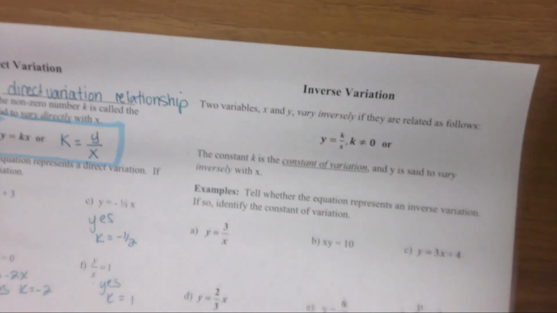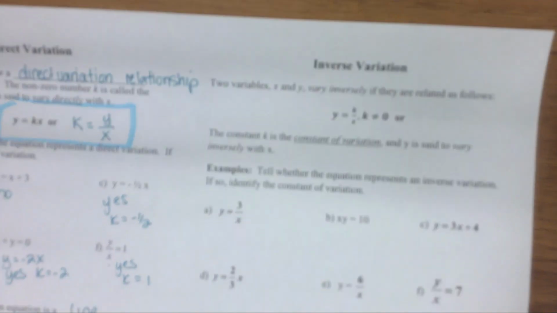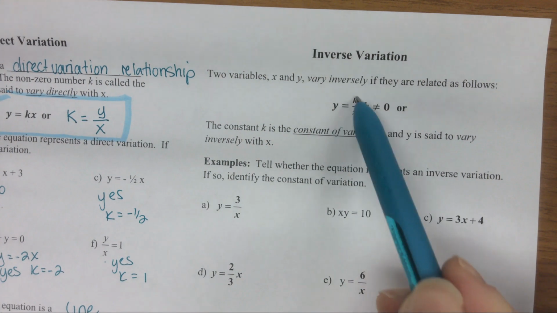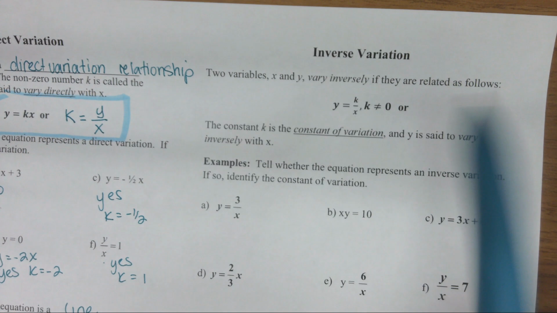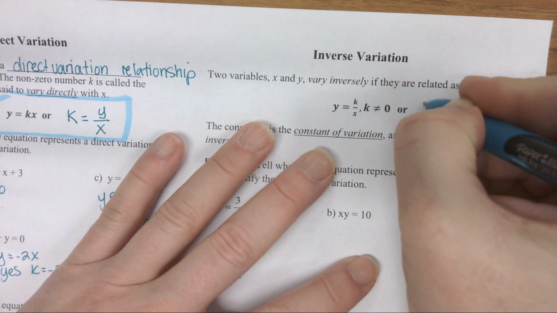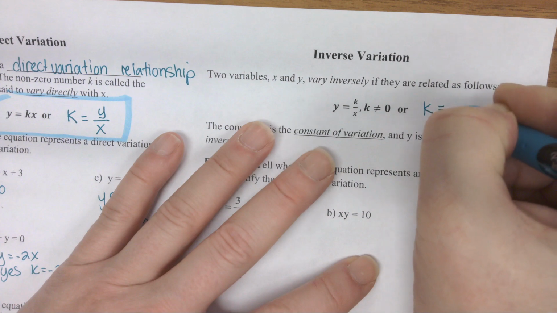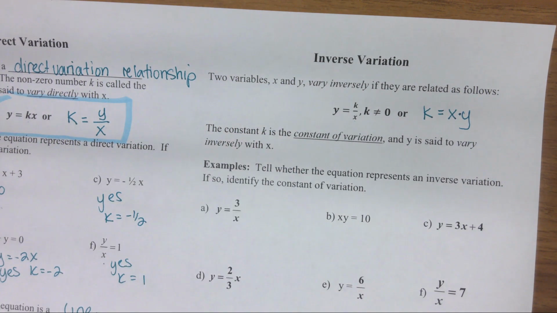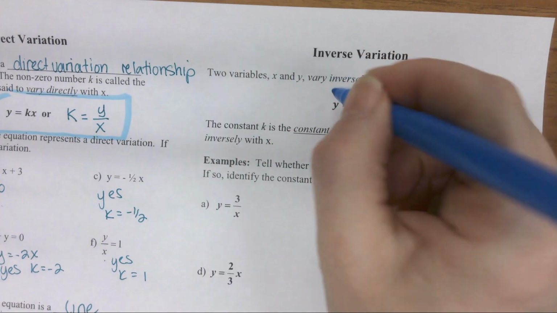So let's take a look now on this side at inverse variation. This time it's y equals k divided by x, or what this would look like is k equals x times y. So these are going to be the two ways that you're going to see equations for inverse variation.